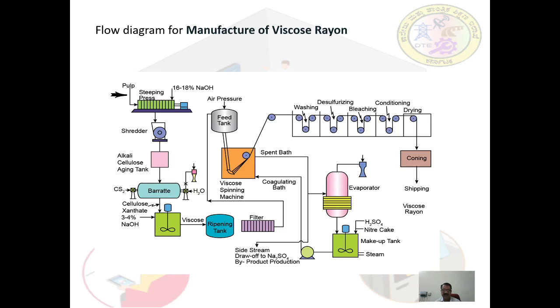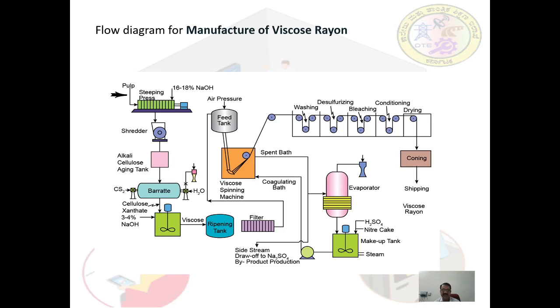The mixing of cellulose xanthate and dilute caustic yields an orange colored viscous solution which contains 7 to 8% cellulose and 6.5 to 7% sodium hydroxide. It is digested at room temperature for 4 to 5 days, after which the solution is filtered and fed to the spinning machine.